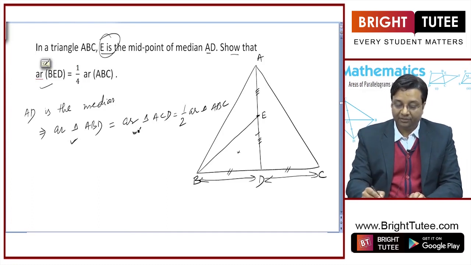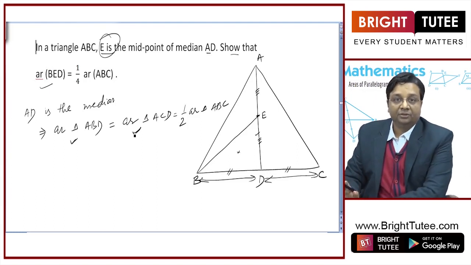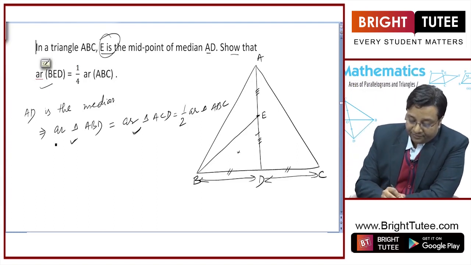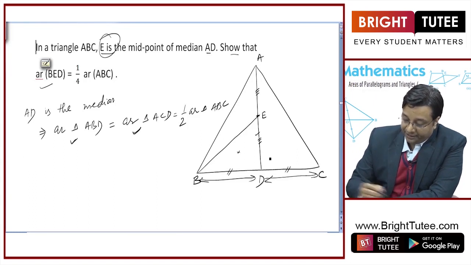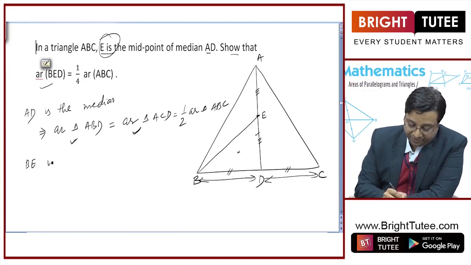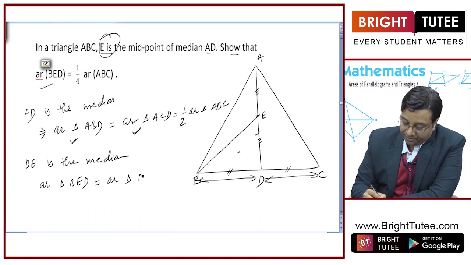Now this much is clear. The next step: in this triangle ABD, BE is the median. So can I say area of triangle BED is equal to area of triangle BEA?